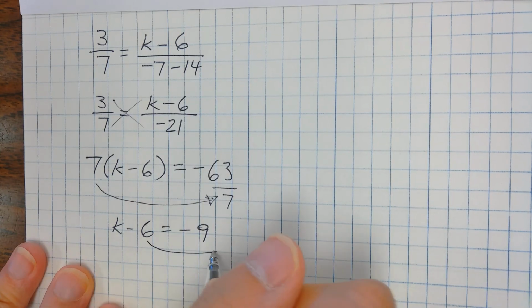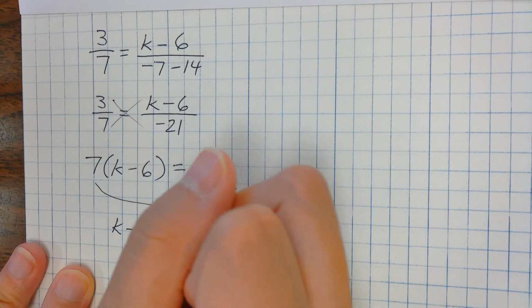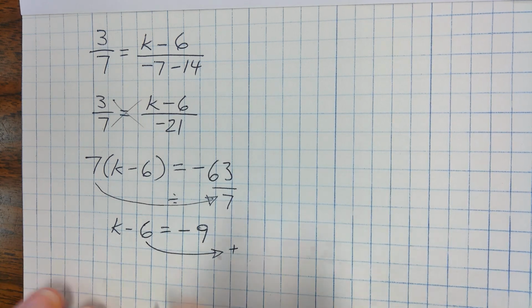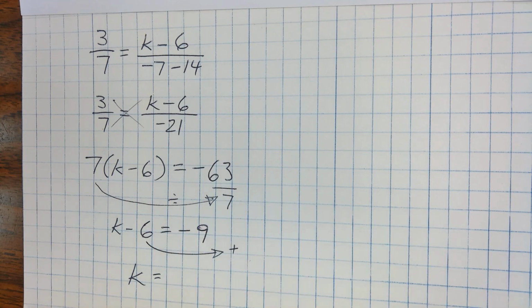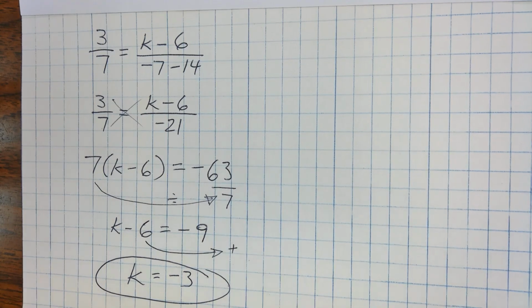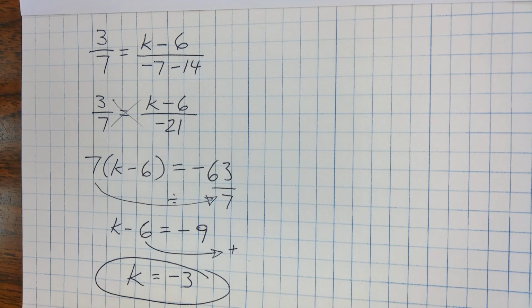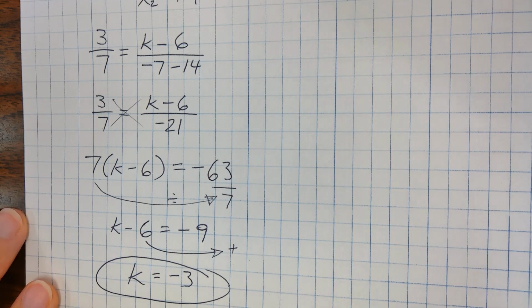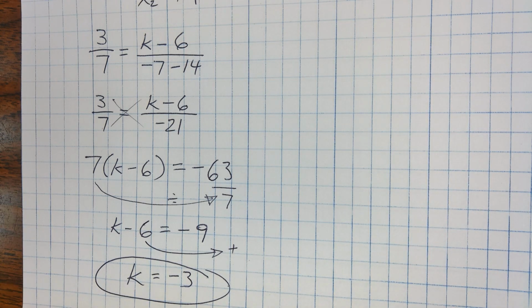So now when you move that -6 over, you add. So -9 plus 6, you get -3. So that second coordinate would be -7 and -3. Okay.